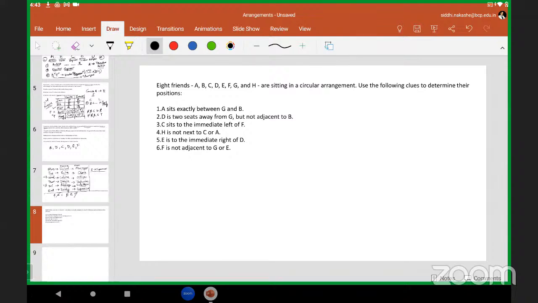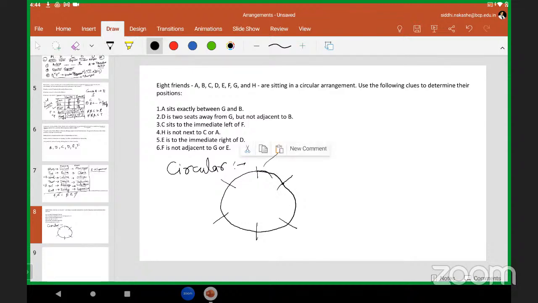So now this puzzle is again a circular arrangement. Before starting this puzzle, we'll focus on what circular arrangements are. Whenever we talk about circular arrangement, these arrangements are basically repetitive arrangements. So you can consider this position from this side as well.